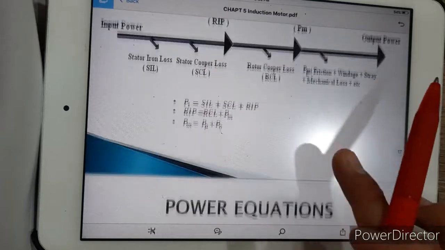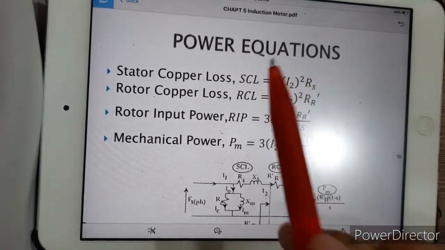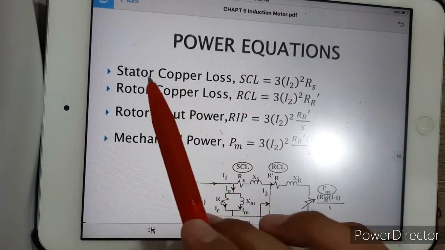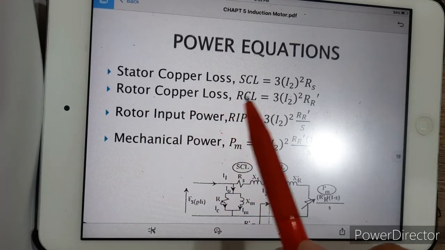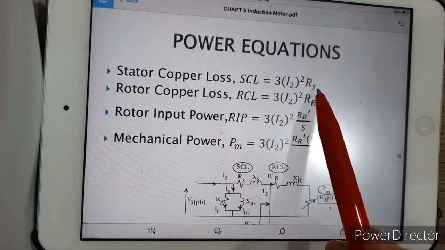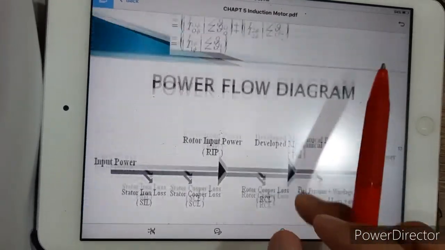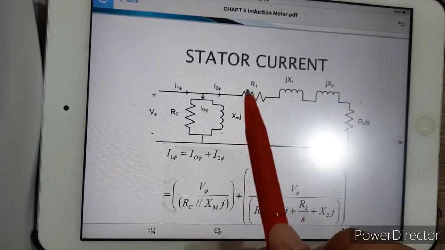So this is the power equation. Actually, the stator copper loss and rotor copper loss are because of RS and RR, or R1 and R2. If you refer to this circuit, this one is R1.